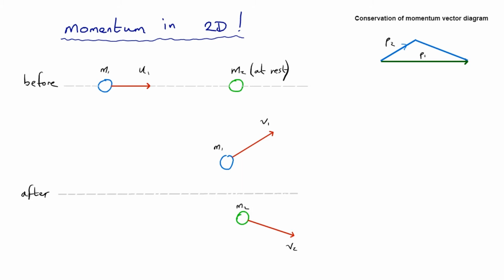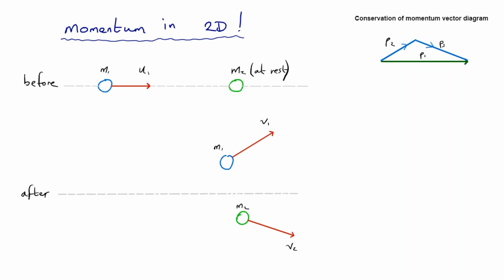Yes, that's this one. That's m2 v2. I'm just going to call it p3, and of course I need to put an arrow on there. So in that way, I've drawn a vector diagram showing that the momentum before, p1, is equal to the sum of the momentum vectors after, p2 plus p3. So you get the odd question using that idea.